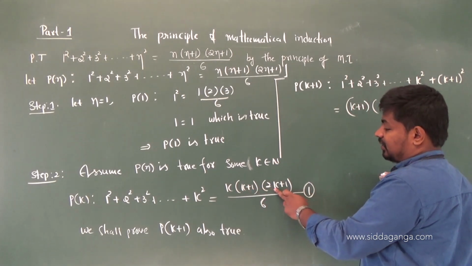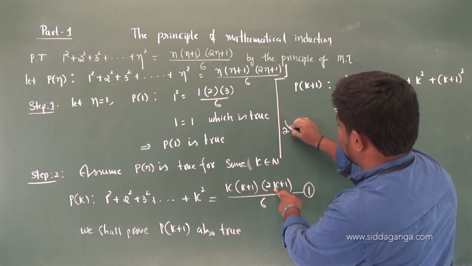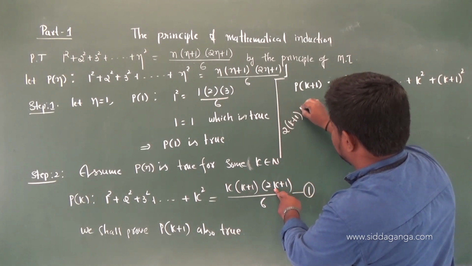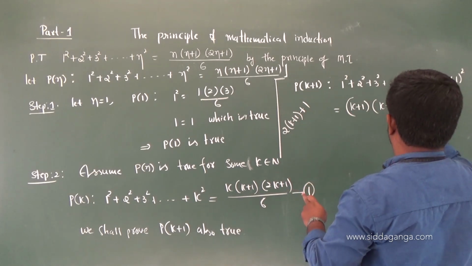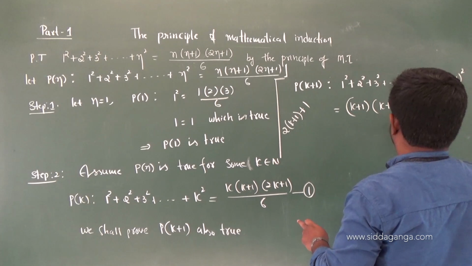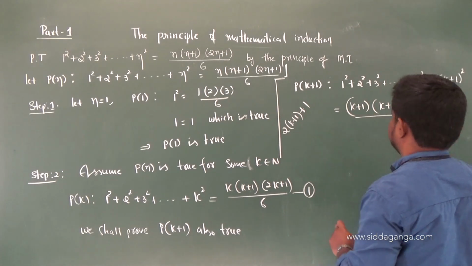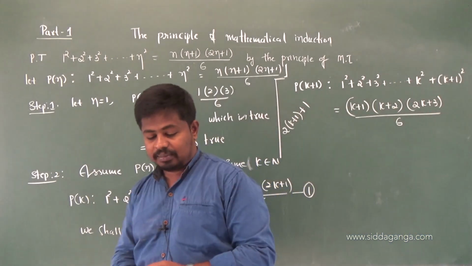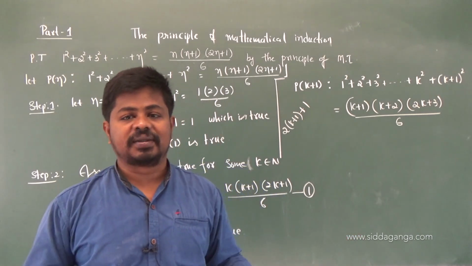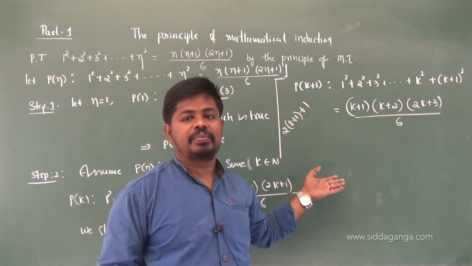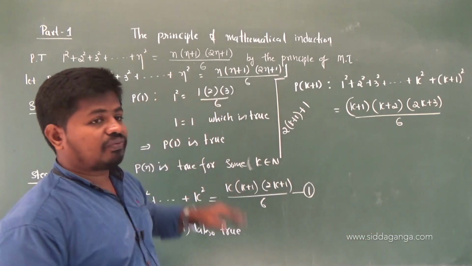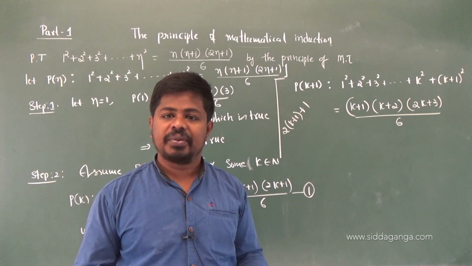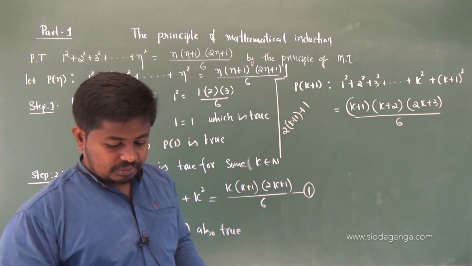And here in place of k, so 2 into k plus 1 plus 1, you get 2k plus 2 plus 1, you get 2k plus 3. Whole divided by 6. This is to be proved now. By using LHS, you have to prove RHS, that's it. When you prove this, P of k plus 1 is also true, and hence the given statement is true for all natural numbers by using the principle of mathematical induction.